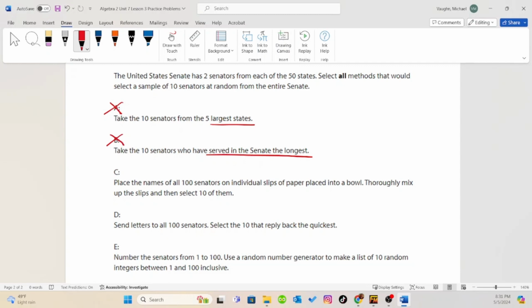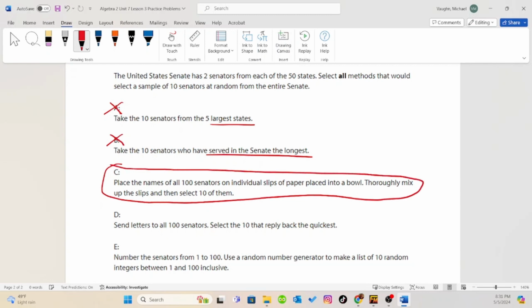Choice C. Place the names of all 100 senators on individual slips of paper placed into a bowl. Thoroughly mix up the slips and then select 10 of them. This means the entire population has the same chance of getting chosen, so C is a random sampling. No one gets preferential treatment.